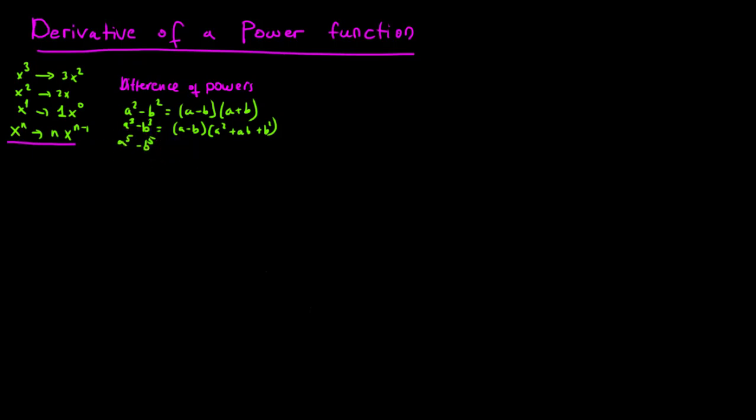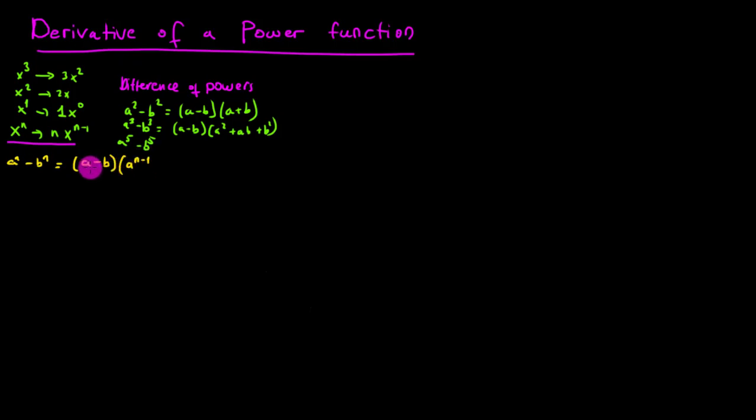So you can work this out by a formula, which is a to the power of n minus b to the power of n. The first factor would be a minus b, and then comes a to the power of n minus 1. Why is it so?